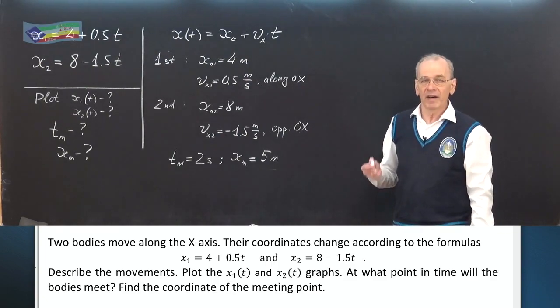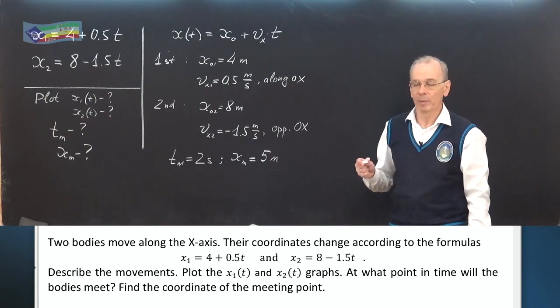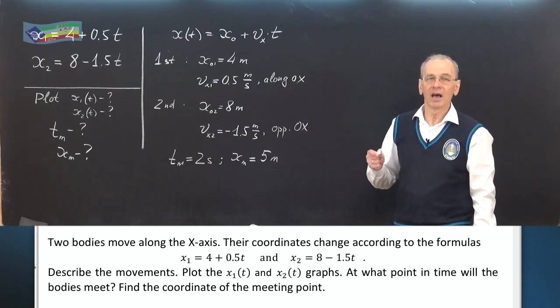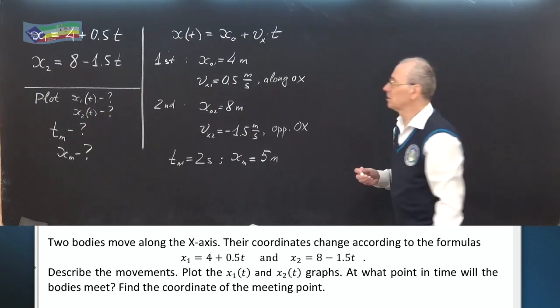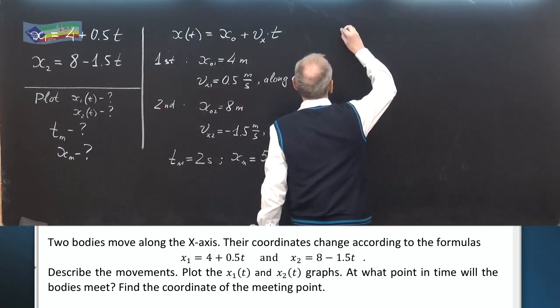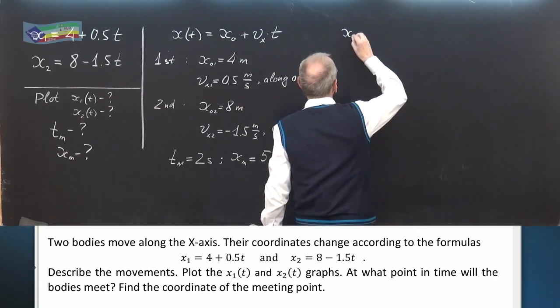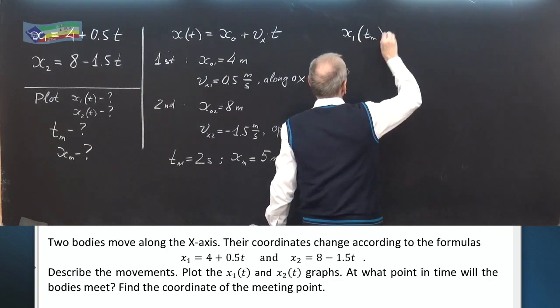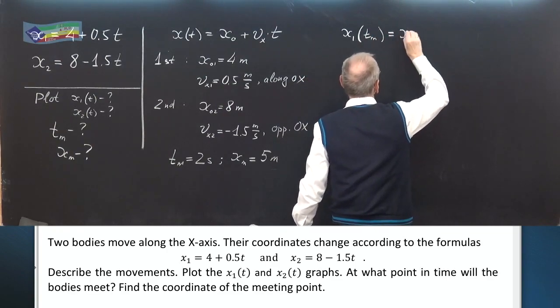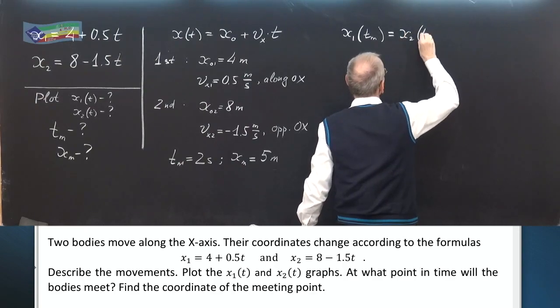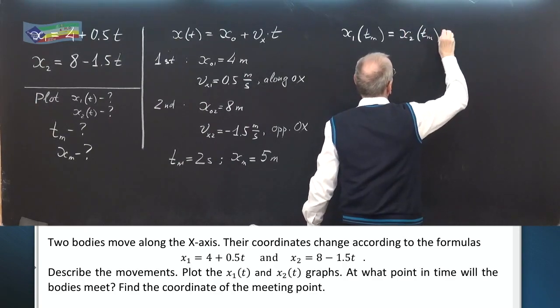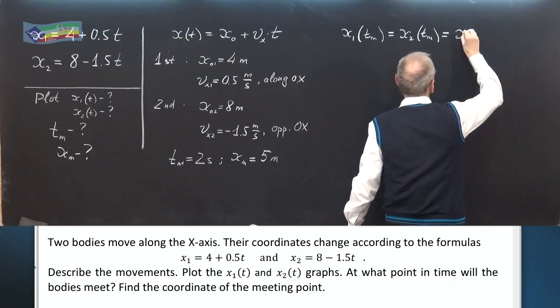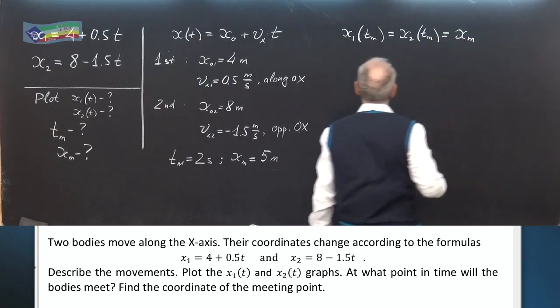Meeting is the event when at the same moment in time bodies have the same coordinates. So we can write x1 at the moment of meeting equals x2 at the same moment and equals x of meeting.